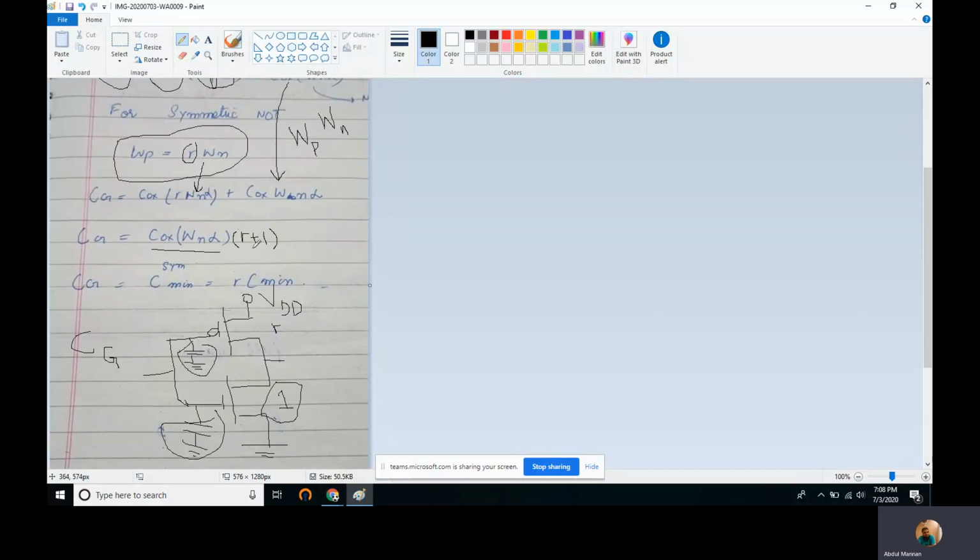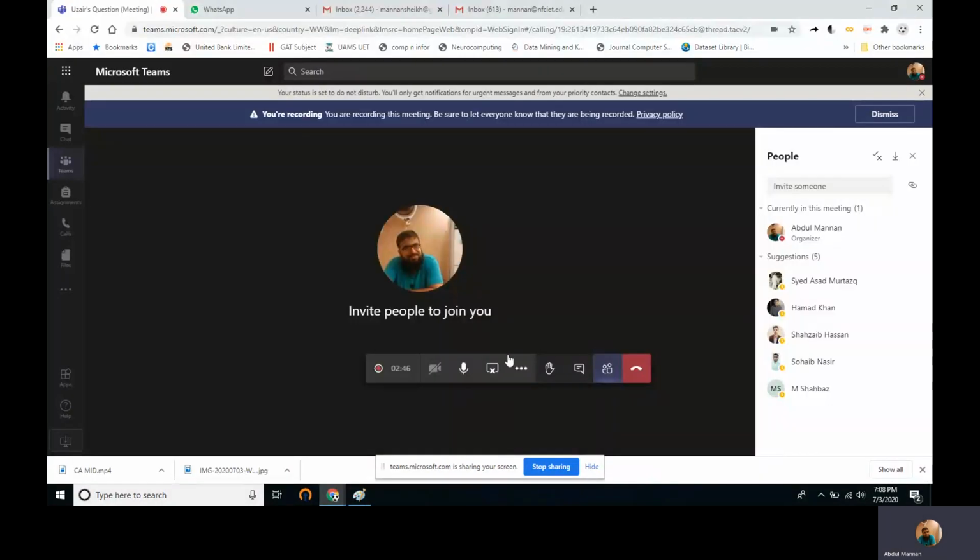So CG is R plus 1 times this, and this whole part that I have underlined can be written as C minimum. So the C of the NOT gate can be written as R plus 1 times the minimum capacitance, that is the CGN, the capacitance of the gate. I hope I have explained it to Uzair's satisfaction.